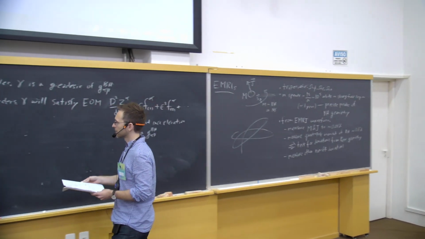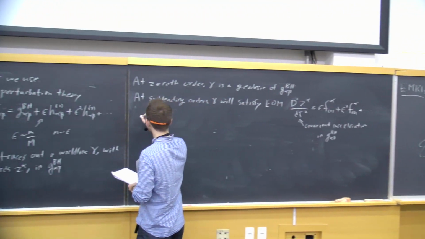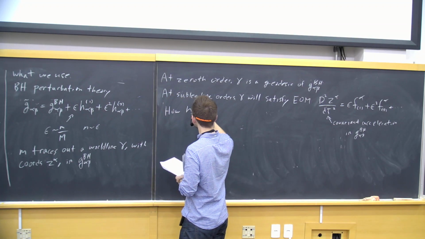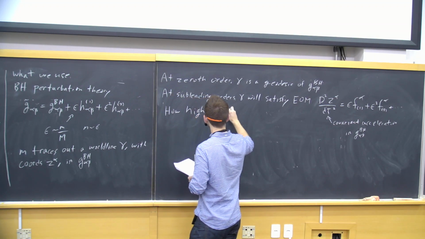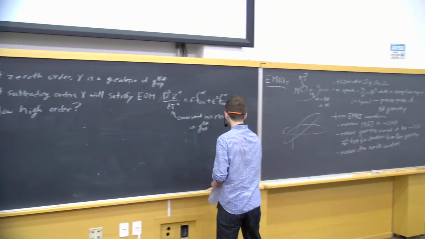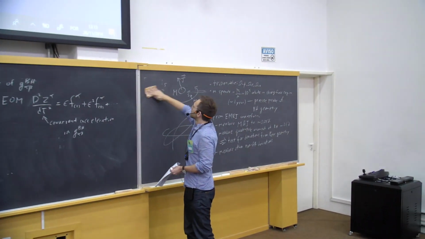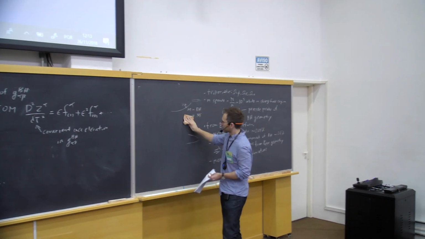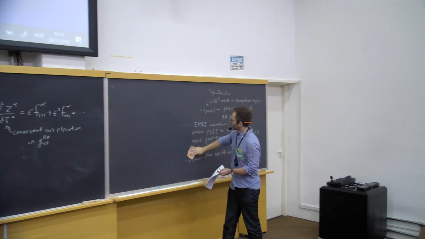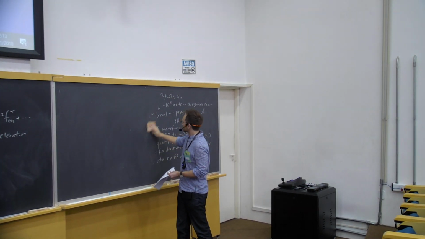So the first question we want to ask is how high order do we need to go in this approximation? There's a fairly simple scaling argument that tells us the answer.